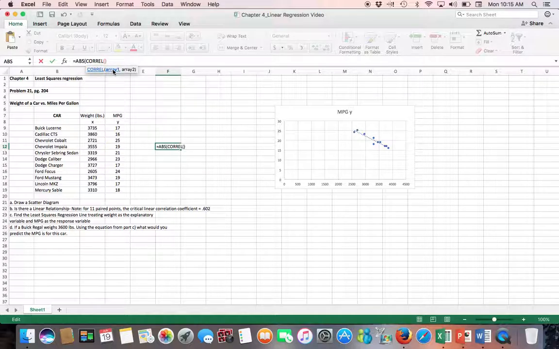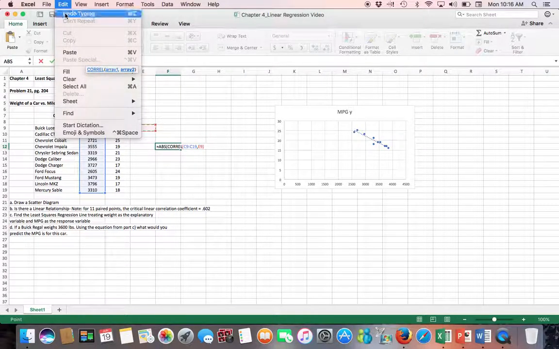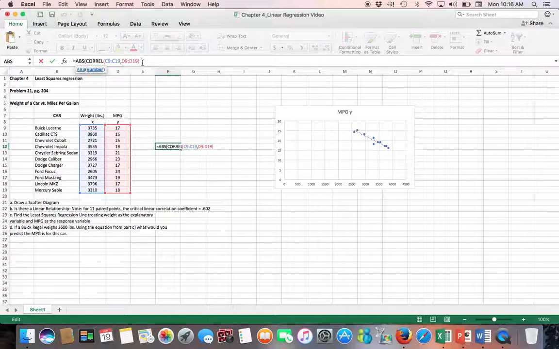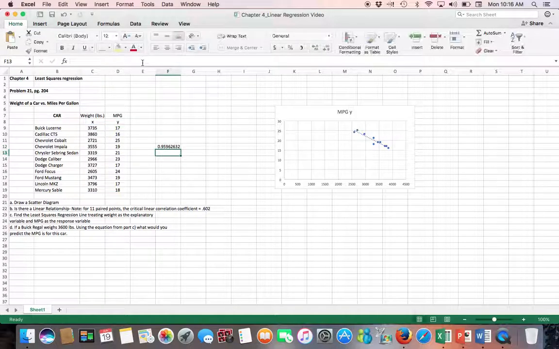and it's going to ask for array 1 and array 2. So we're just going to use the numbers. X will be array 1. We'll put a comma. Array 2 is miles per gallon. And I'm going to need an extra parenthesis here. And I'm going to round that to 3 digits to the right.